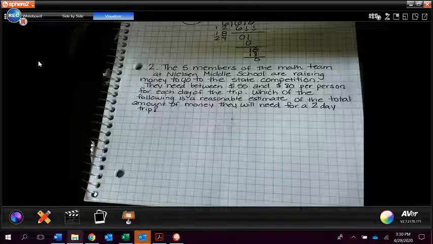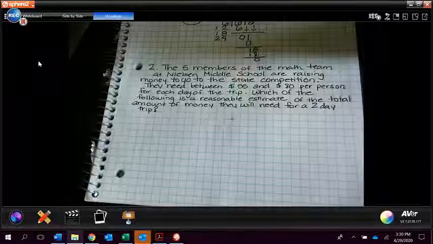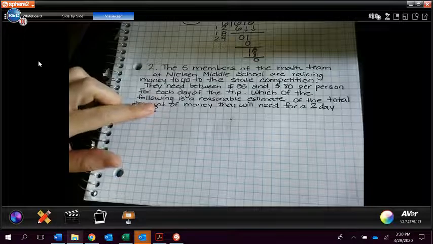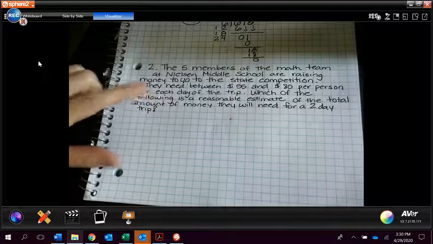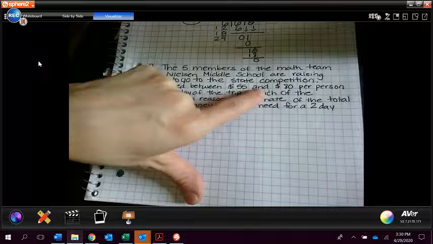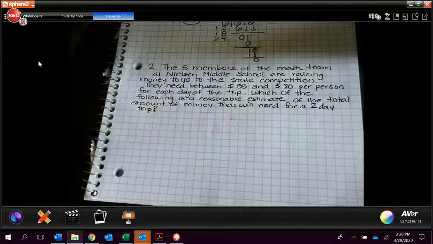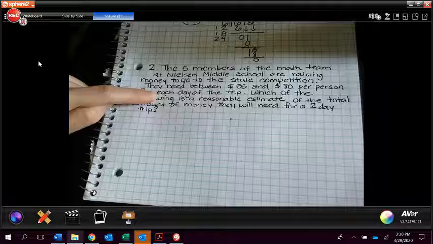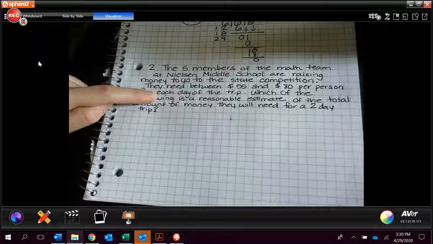All right, so now that you've written it down, one of the things I wanted to go over really quick before we actually do the problem, it's saying they need between $55 and $80 per person for each day of the trip. I saw the word each there, and I know when I went over it on Mondays, it said we were going to divide.